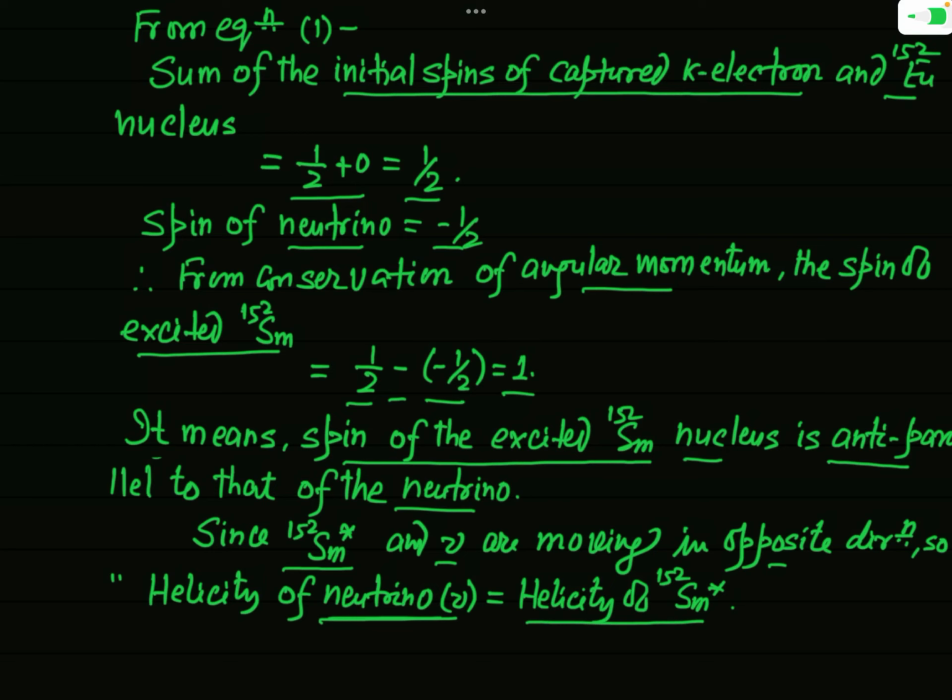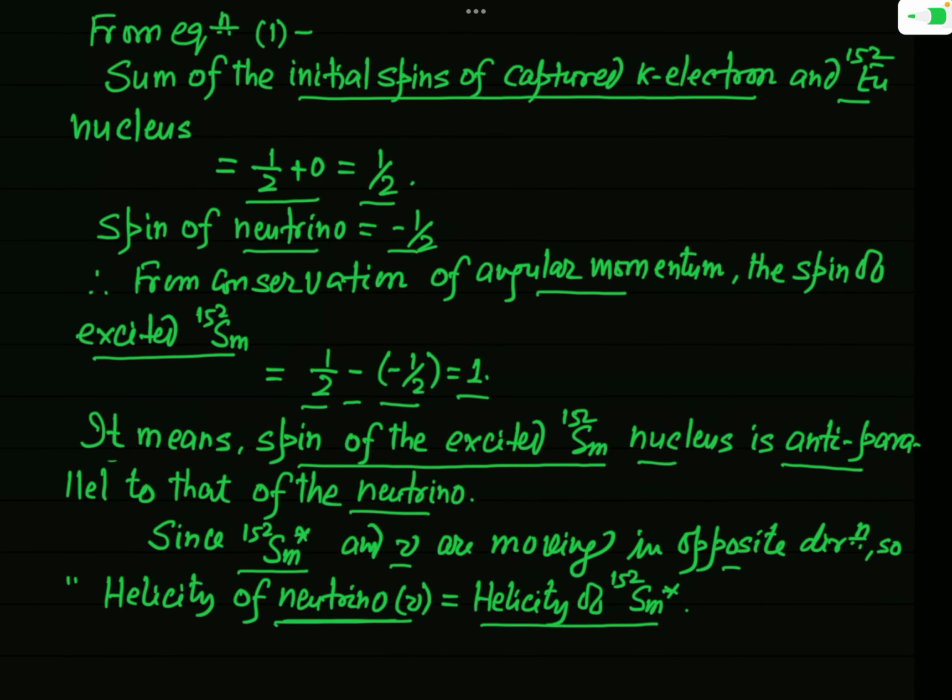Now I was telling you that since the Sm* and the neutrino are moving in opposite directions, we conclude that the helicity of the neutrino and the helicity of Sm*-152 must be the same. So if you want to measure the helicity of the neutrino, what will you do?